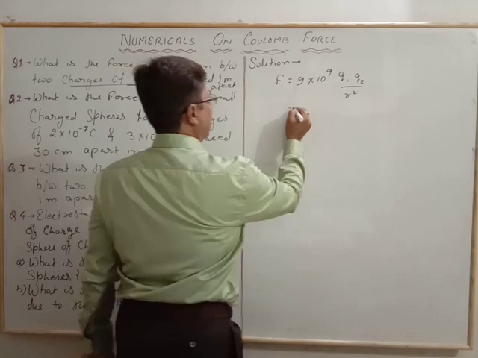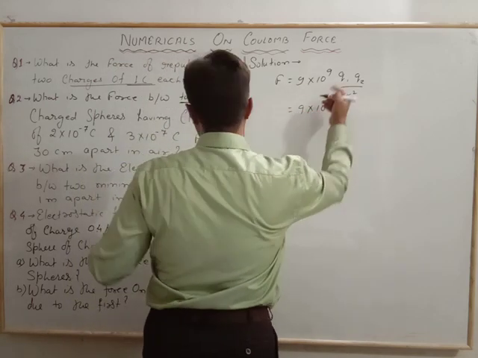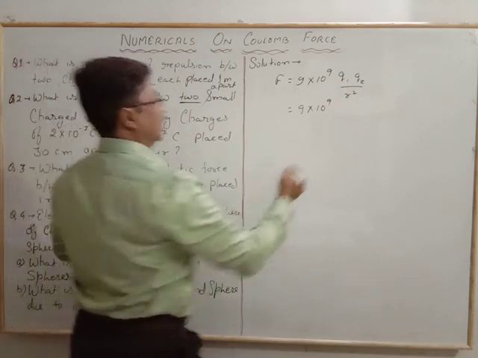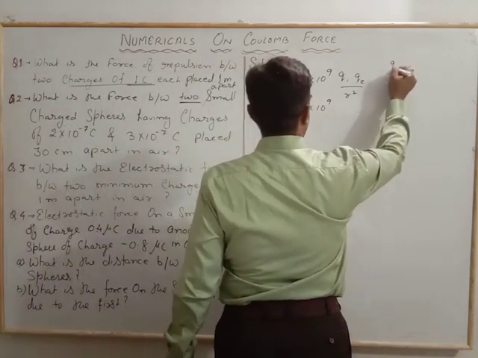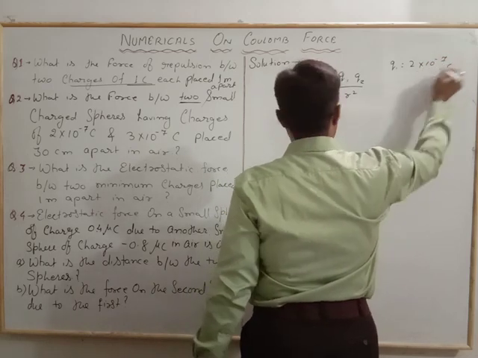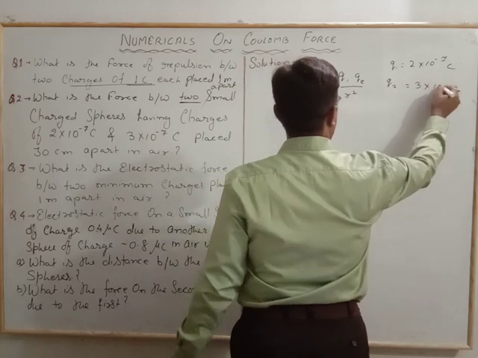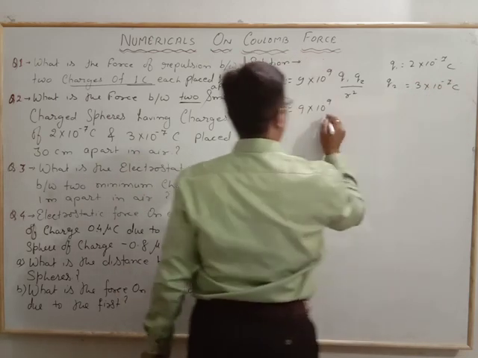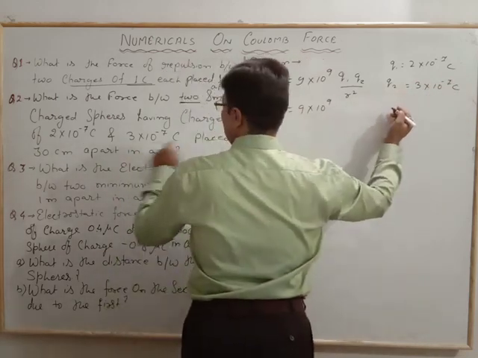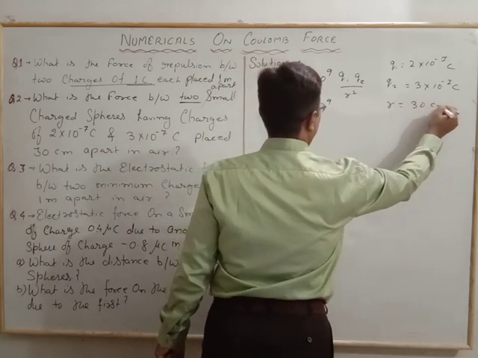So here 9 into 10 to the power 9, and in place of Q1 Q2 we have the values. Q1 is given as 2 into 10 to the power minus 7 coulomb, and Q2 is given as 3 into 10 to the power minus 7 coulomb. The distance R is equal to 30 centimeter.